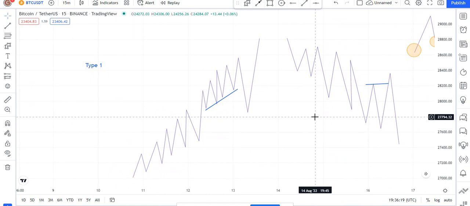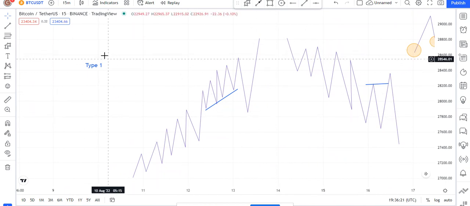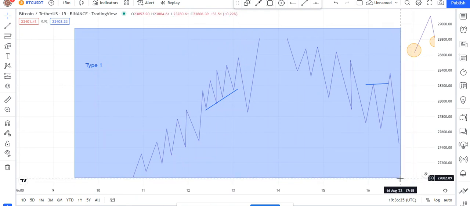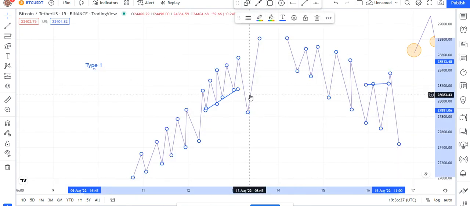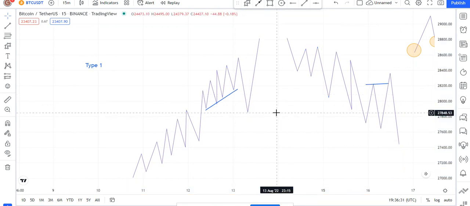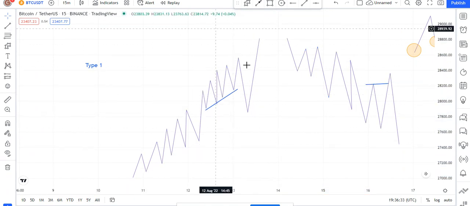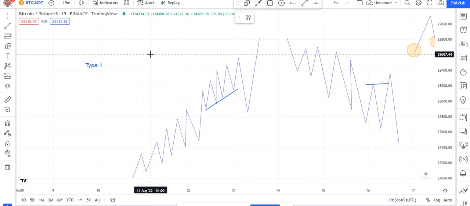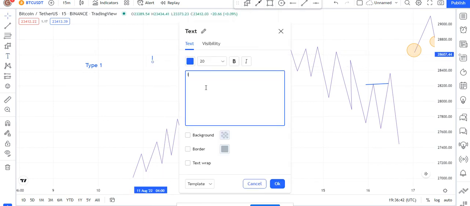Okay, so this example here, this type 1, is technically not a reversal. Why I called it a reversal is so that we can go gradually. This example here is still a retracement, so it didn't really change direction. Most traders, when you may hear something like inducements.